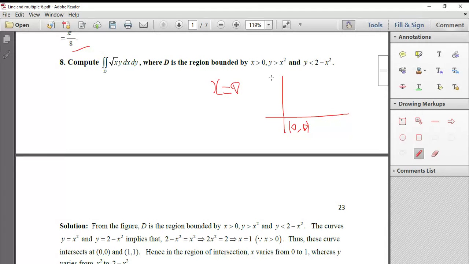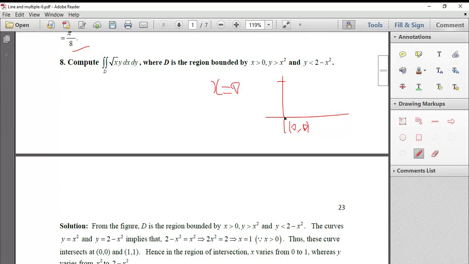So at this point, these two curves intersect. And put x equal to 0 here. You'll get y equal to 2. So these two curves will intersect at x equal to 0 and y equal to 2. Let us say this point. Right? Now let us draw the graph of y is equal to x square.